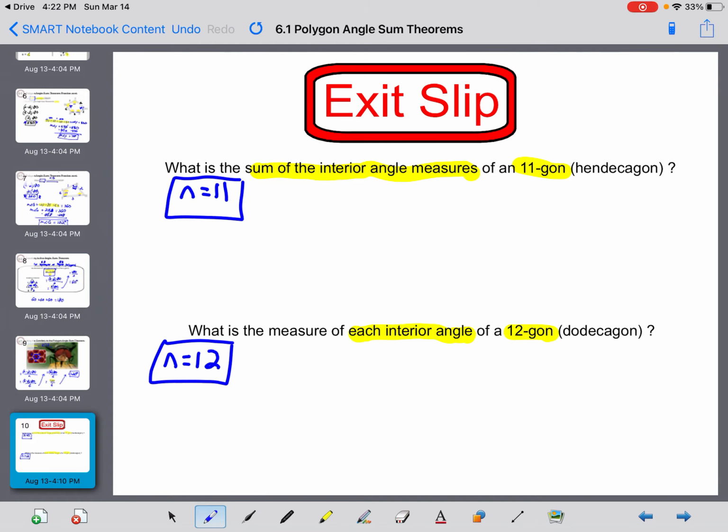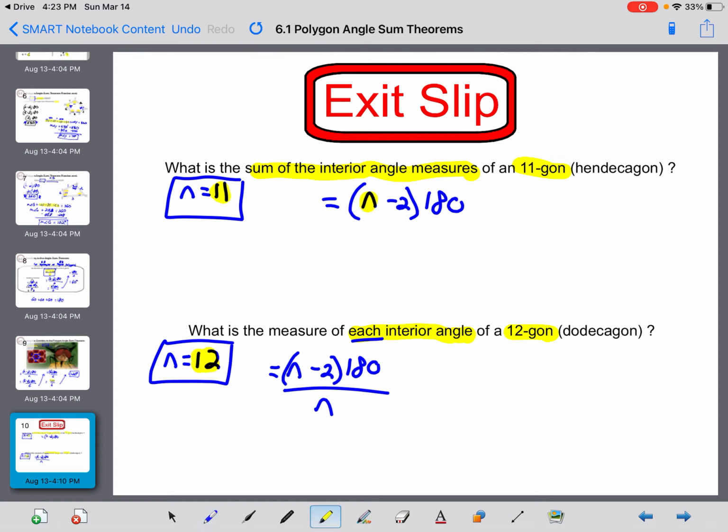Sum of the interiors is just n minus 2 times 180. But the measure of each interior angle is n minus 2 times 180 divided by n. So plug these values in for n and tell me what you get.